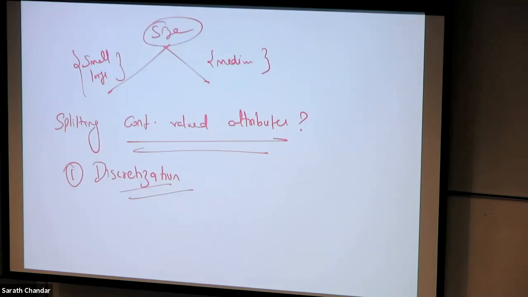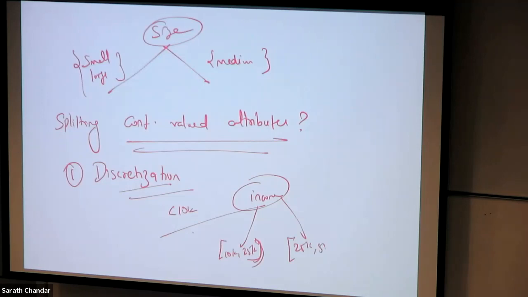For example, you can take the income and split it into less than 10K, 10K to 25K, 25K to, let's say, 50K, 50K to 80K, and greater than 80K.